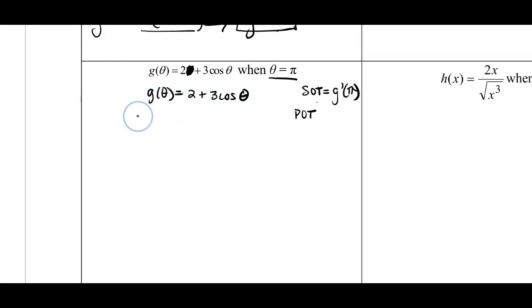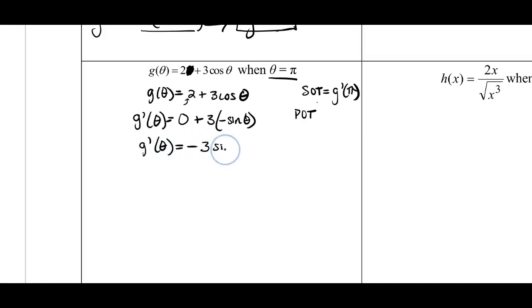This is in polynomial form. g prime of theta equals the derivative of a constant, which is 0. And the derivative of cosine is negative sine theta. So I could rewrite this: g prime equals negative 3 sine theta.